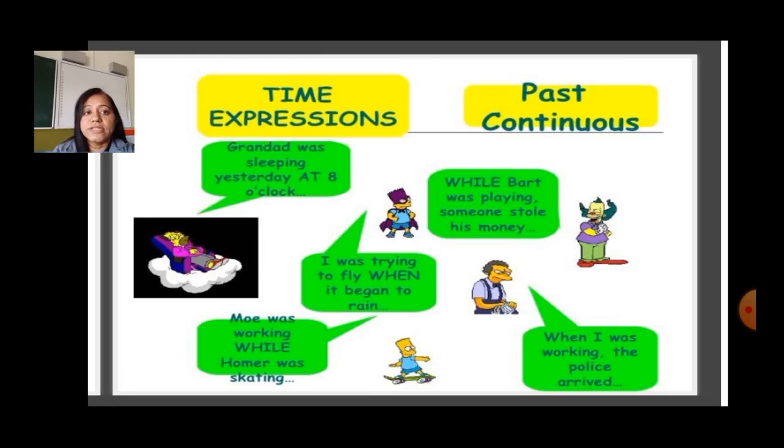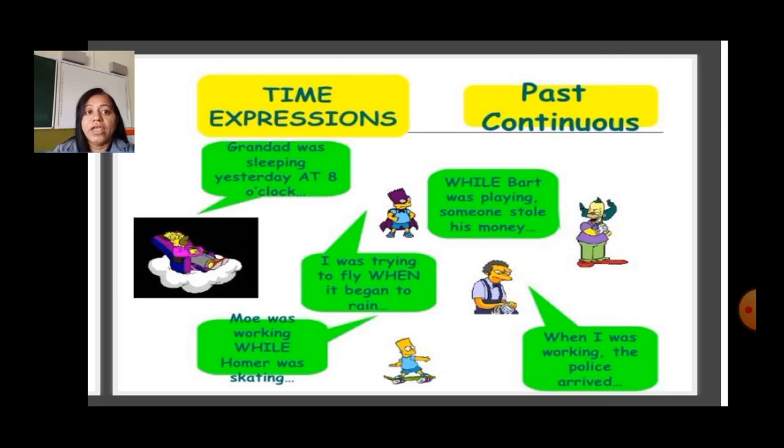Granddad was sleeping yesterday at 8 o'clock. While Bart was playing, someone stole his money. I was trying to fly when it began to rain. Mo was working while Hammer was skating. When I was working, the police arrived.